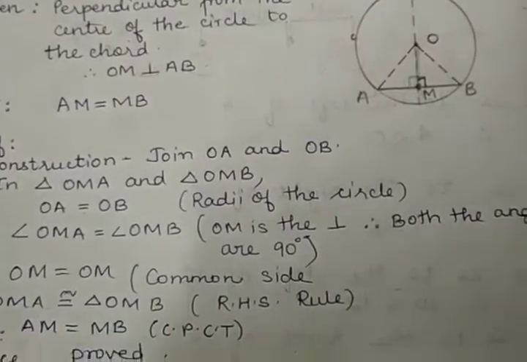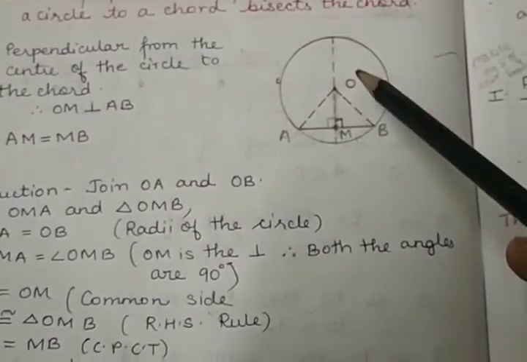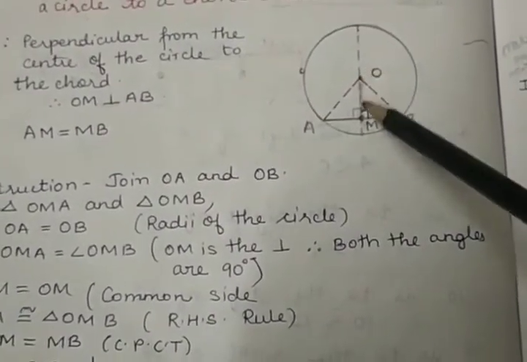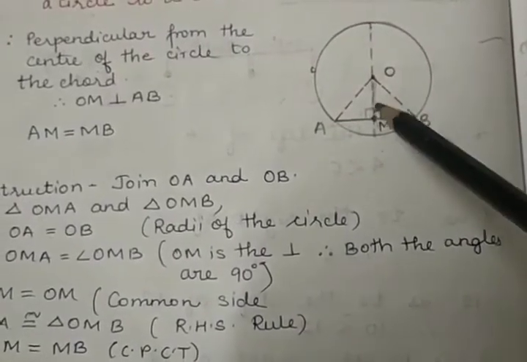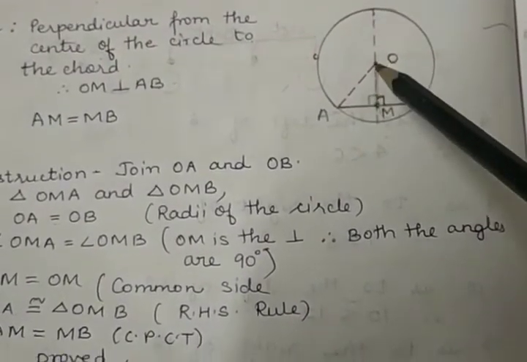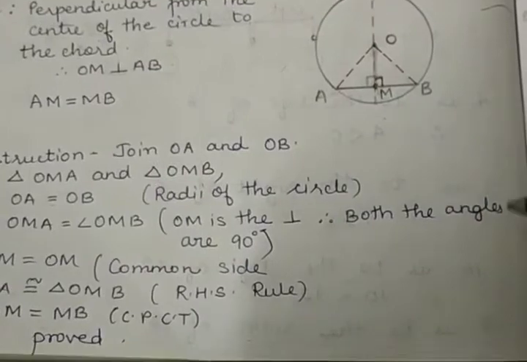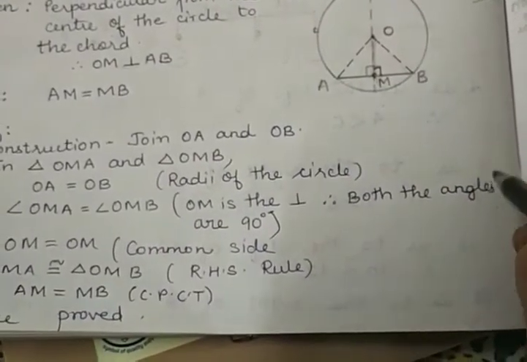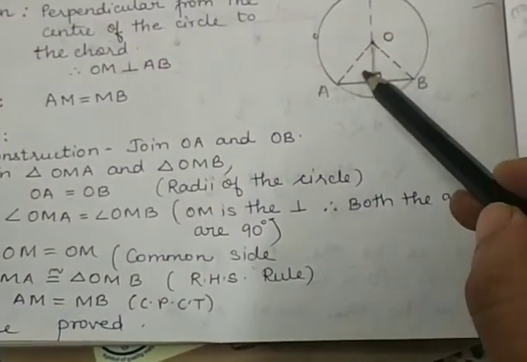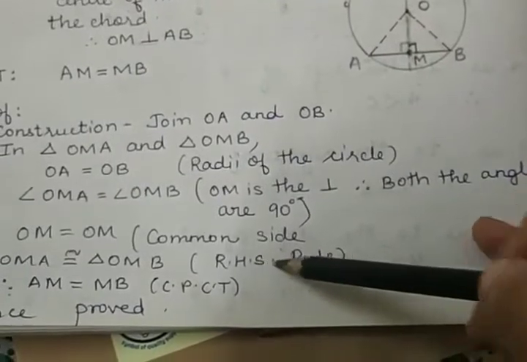Now by which test are they congruent? They are congruent by the RHS test: right angle, hypotenuse and side rule. Because there is a right angle involved, it is the RHS rule.